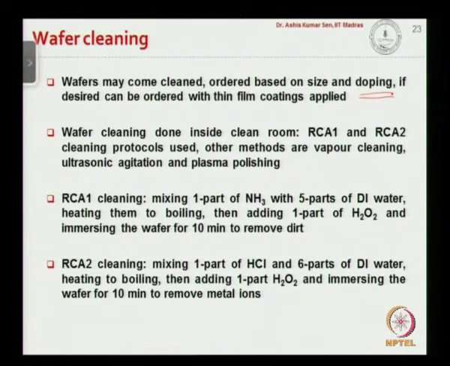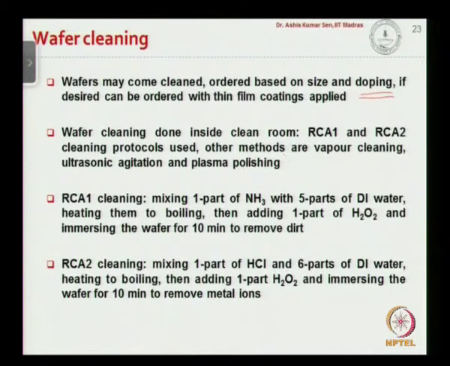And many times we can also go for wafers which already have a thin film of coating. For example, on a silicon wafer, if you want to have an oxidation layer, then we can ask for a specific wafer with some thickness of oxide layer on it. In any case we have to clean the wafer.